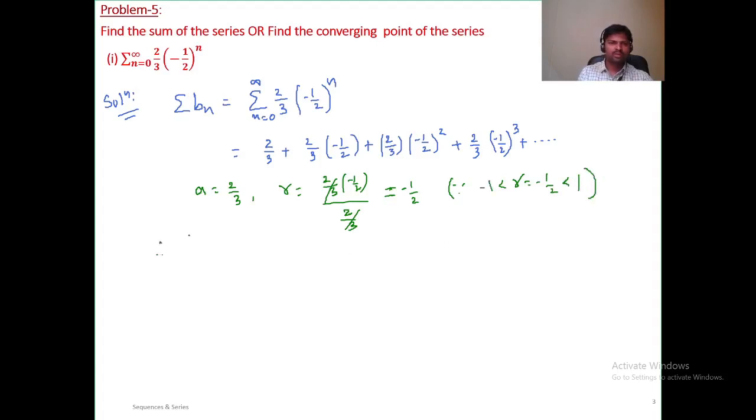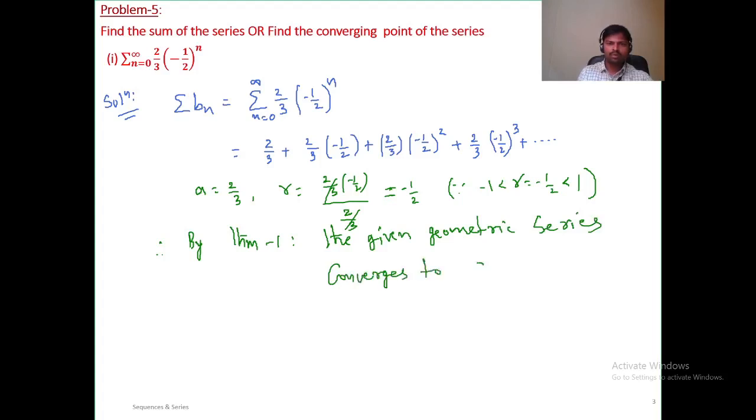So therefore by the geometric series theorem, or by theorem number 1, you write the theorem statement in the exam. Compulsory you write the theorem statement. By theorem number 1, the given geometric series converges to a upon 1 minus r, which is nothing but, what is a?